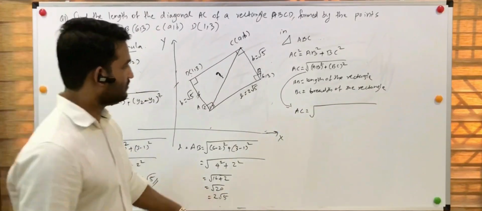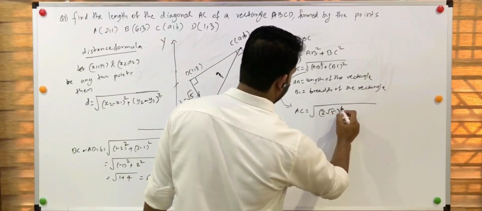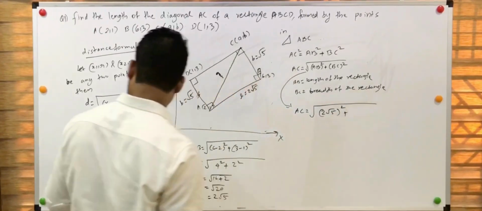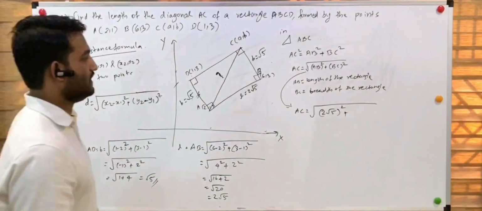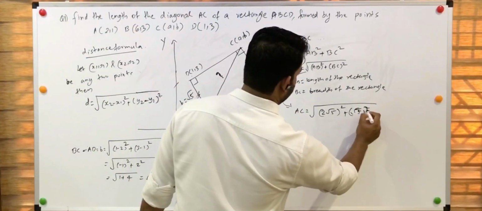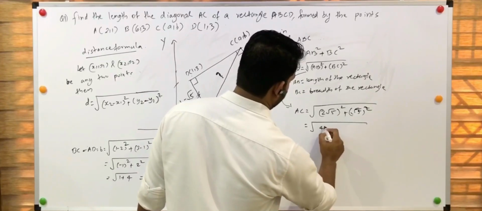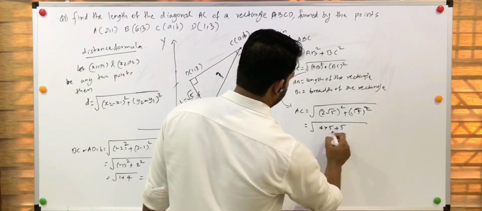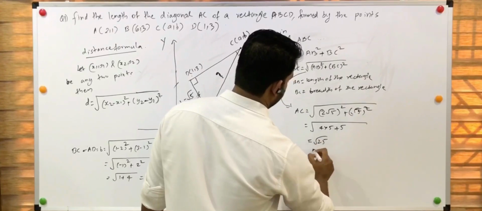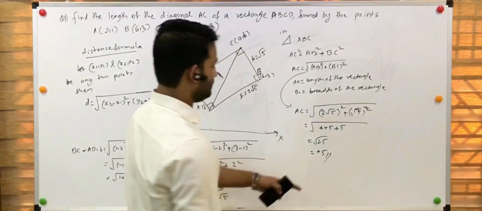AB we have got 2 root 5. 2 root 5 whole square plus BC is root 5, so root 5 whole square. Simplifying, square root of 4 into 5 plus 5, it is equal to square root of, we take the magnitude positive, so plus 5.